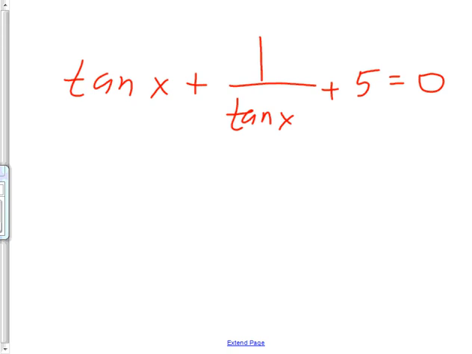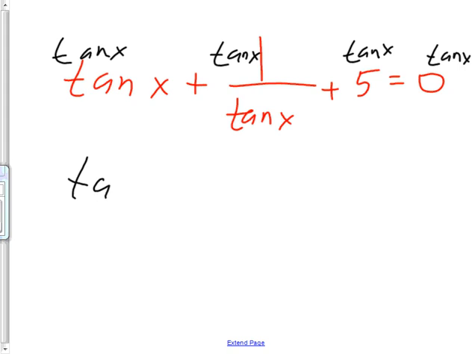Because you're going to have to fix the denominator, so what are you going to have to do? All right. So we're going to multiply tangent on here, and here, and here, and here, but 0 times tangent is not going to do anything. So it'll turn into a quadratic. So watch out for those.